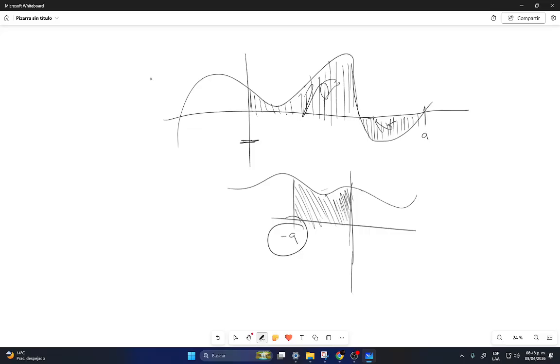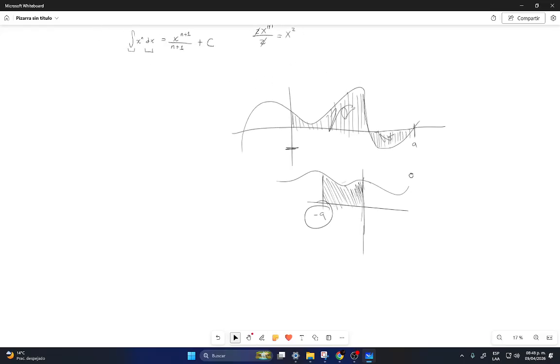And what happens if I want to calculate the value of the area between two given points, let's say A and B? Well, that is called a definite integral.